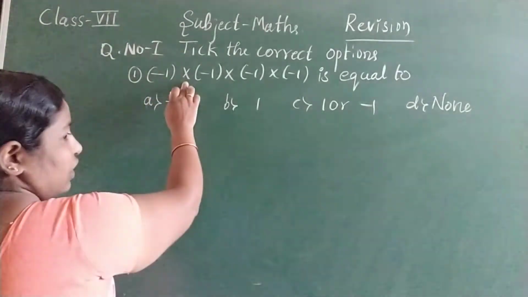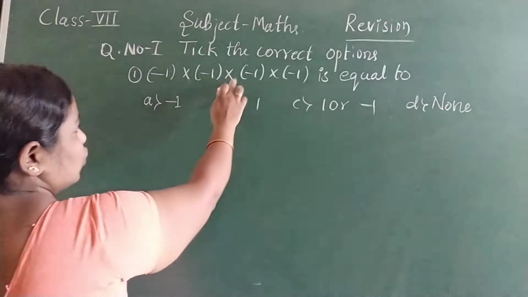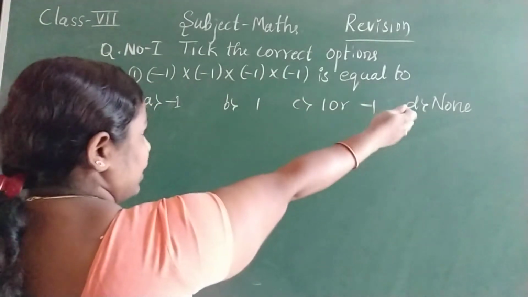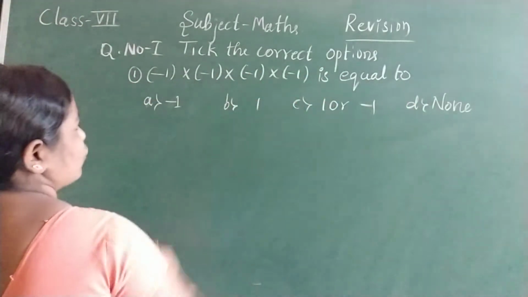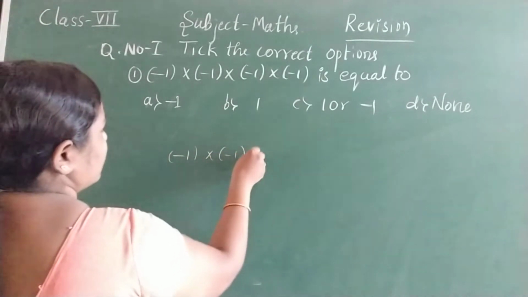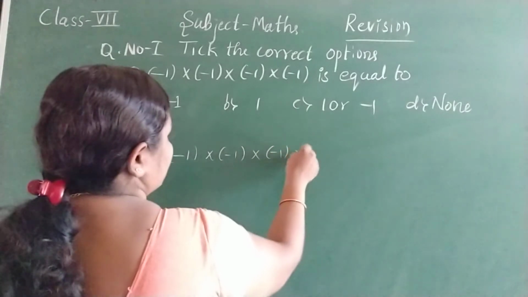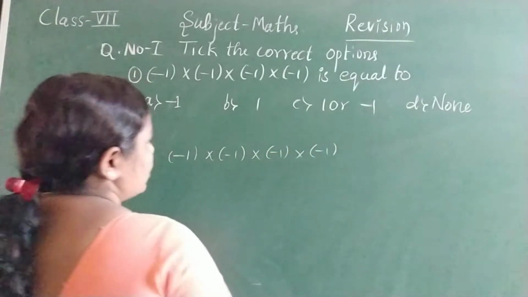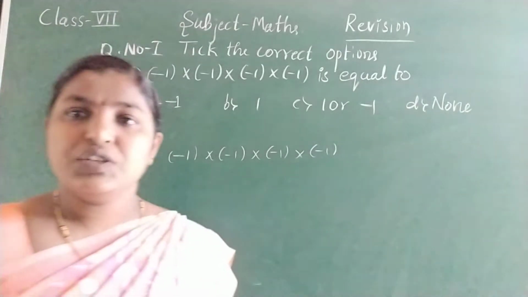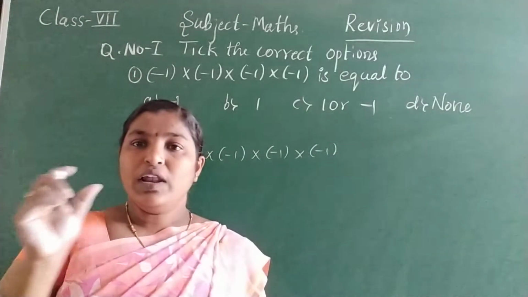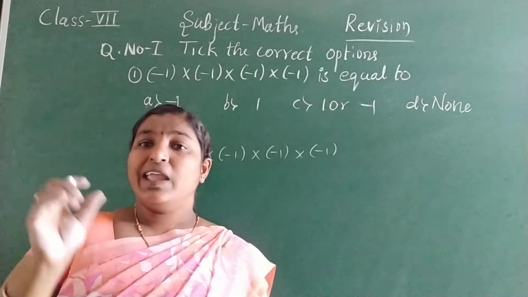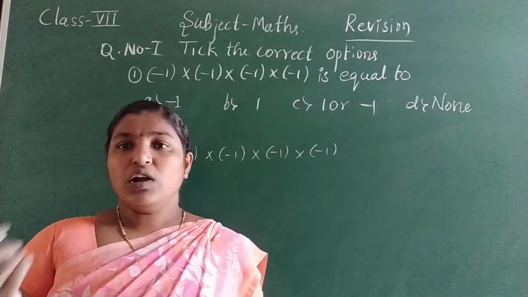-1 into -1 into -1 into -1 is equal to. So this you have to simplify. If we multiply negative integers in equal numbers, what will happen?